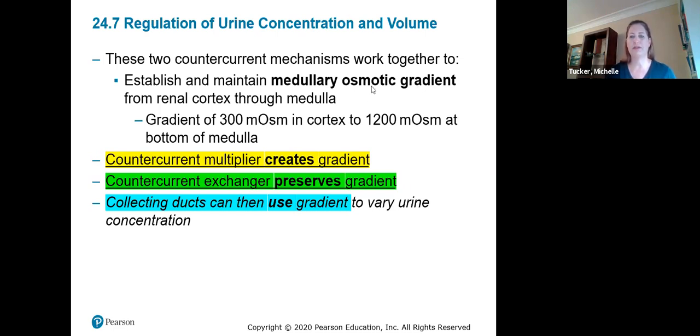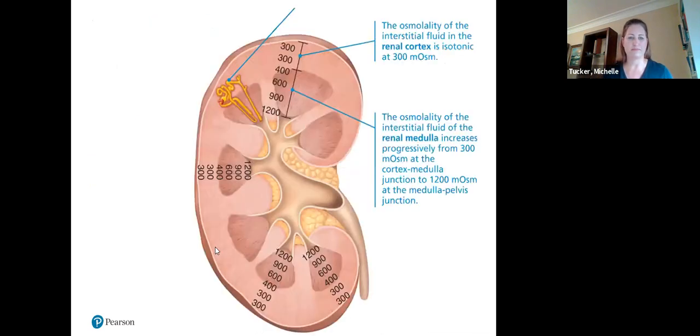This medullary osmotic gradient is then used by the collecting ducts to determine if urine is going to be dilute or concentrated. So the loop sets it up, the vasa recta maintains it, and then the collecting ducts are going to use it. We keep talking about this gradient. You're like, what is this gradient? What does that mean?